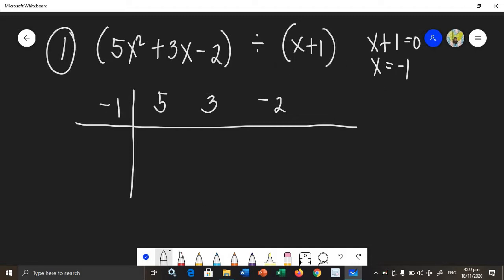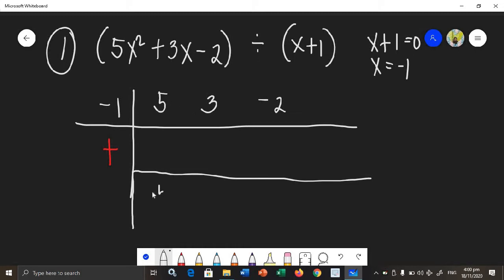Negative 1, and then the plus sign here, and I'm going to put the line here. In synthetic division, we always bring down the first coefficient.